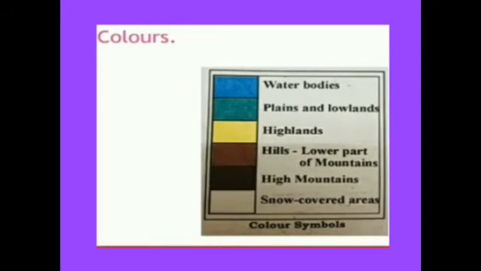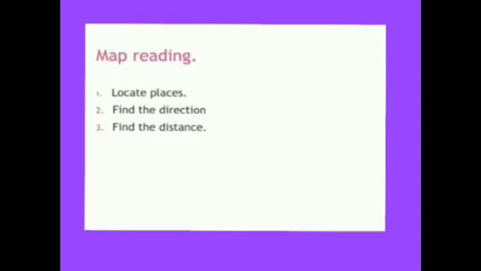Now let us come to the map reading. How to read a map. To read and understand a map, you should know the meaning of the symbols used, just as you know the letters of the alphabet to form meaningful words. In the same way, you have to know the meaning of colors, lines, and symbols which are used in a map.